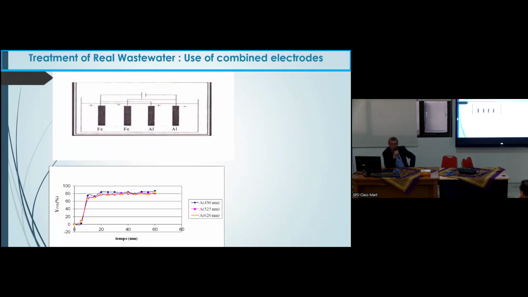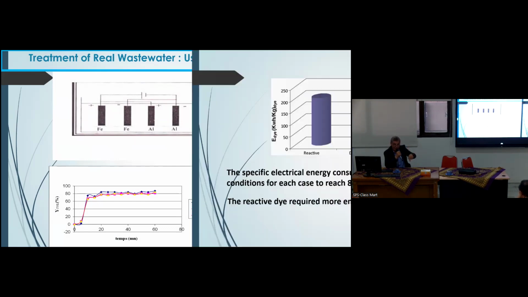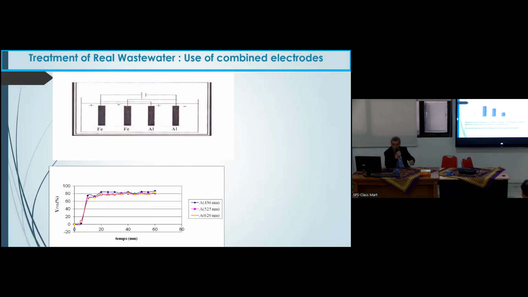And we can give an example. For this, we have tested the textile effluent in this reactor, using iron and aluminum at the same time. And we have reached, for the real textile effluent, 80% efficiency.